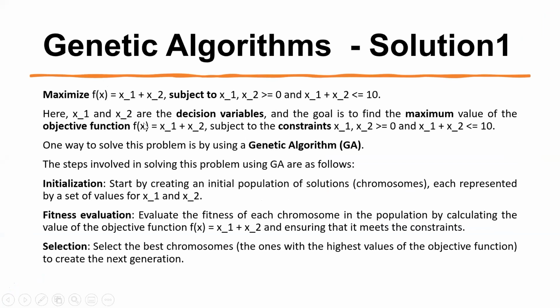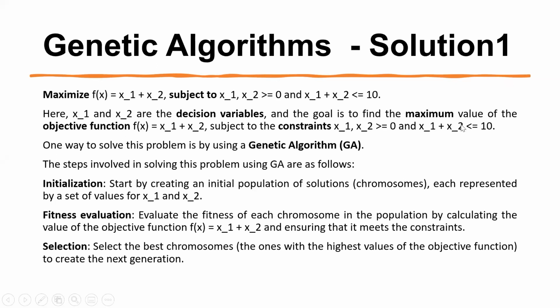Here x1 and x2 are the decision variables, and the goal is to find the maximum value of the objective function. So the decision is to maximize the f of x. Then, subjected to the constraints, we have this, which has to be lesser than or equal to 0 or greater than or equal to 10.